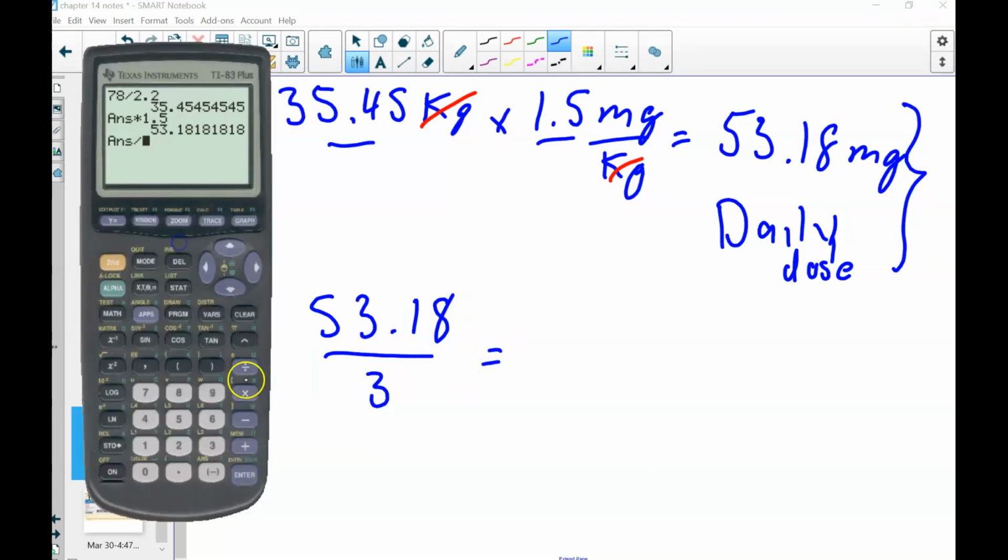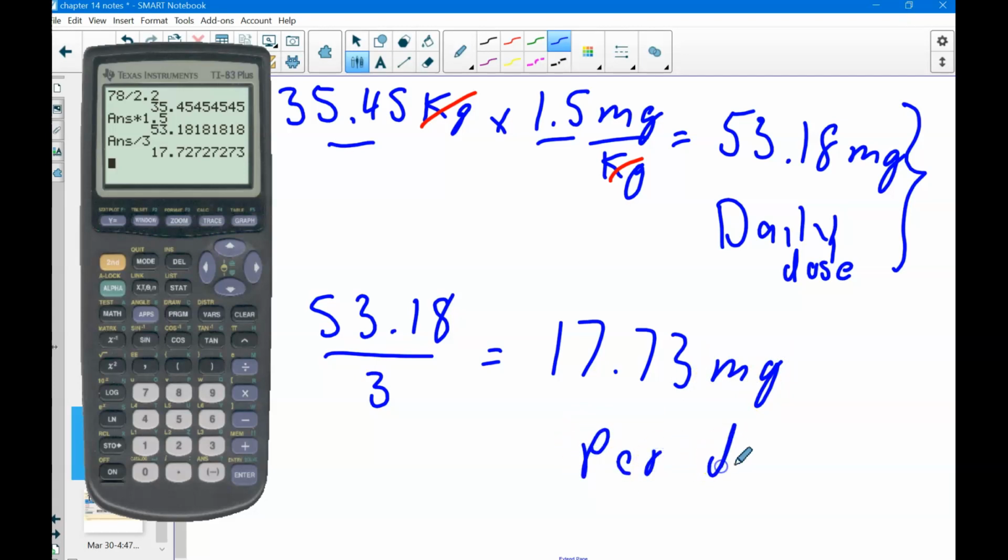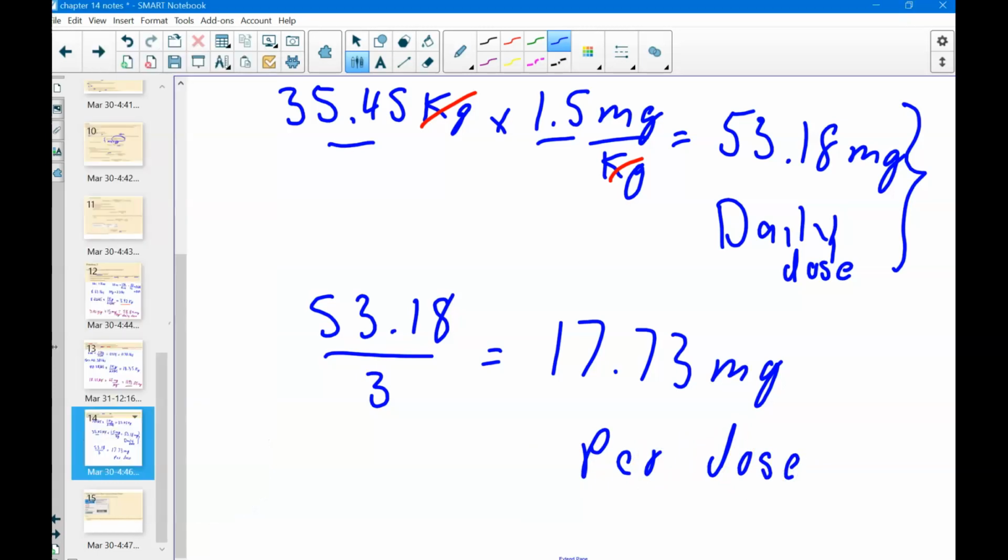It's kind of using common sense. 17.73 milligrams per dose. Sounds good. Doing pretty good. Not a problem. Let's try one more final question.